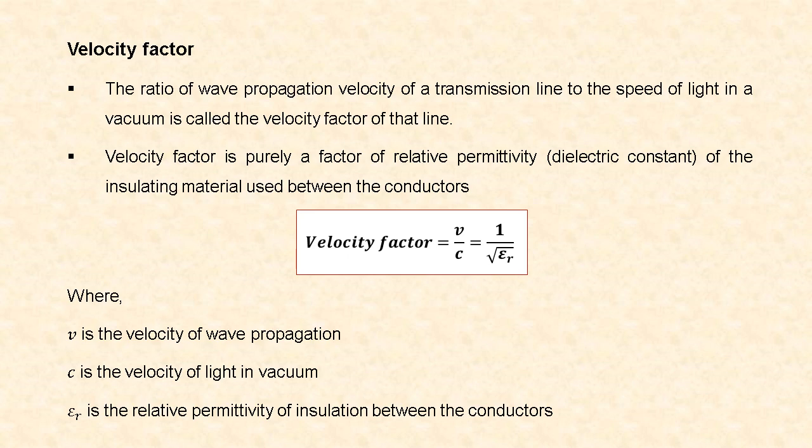Velocity factor is given by v/c, where v is the velocity of wave propagation and c is the velocity of light in vacuum, which is also equal to 1/square root of εr. εr is the relative permittivity or dielectric constant of the insulation between the conductors.